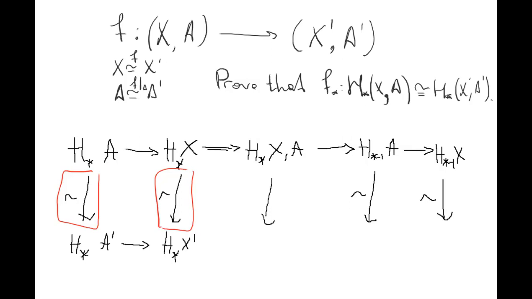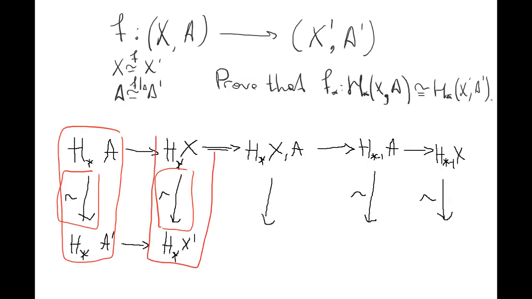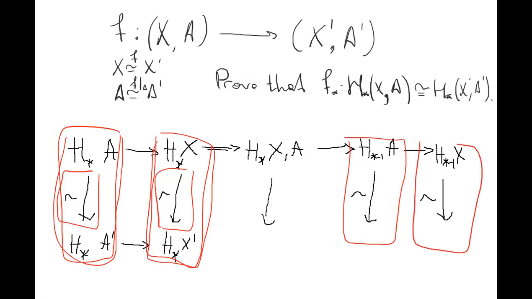It is not enough to know that each vertical arrow is an isomorphism. Because in problem 2, you know that both this map and this map are isomorphisms, but still it is not true that the middle one is an isomorphism as well.